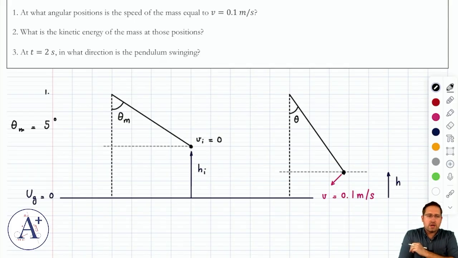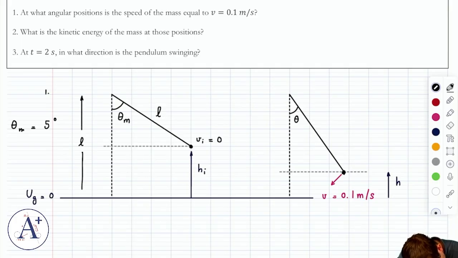Okay, now let's see. I have a length L here. And if I say that this is my reference, which is not to scale, when the pendulum swings down and it's at its lowest point, well then it turns out that all of this is also L. That's the key.